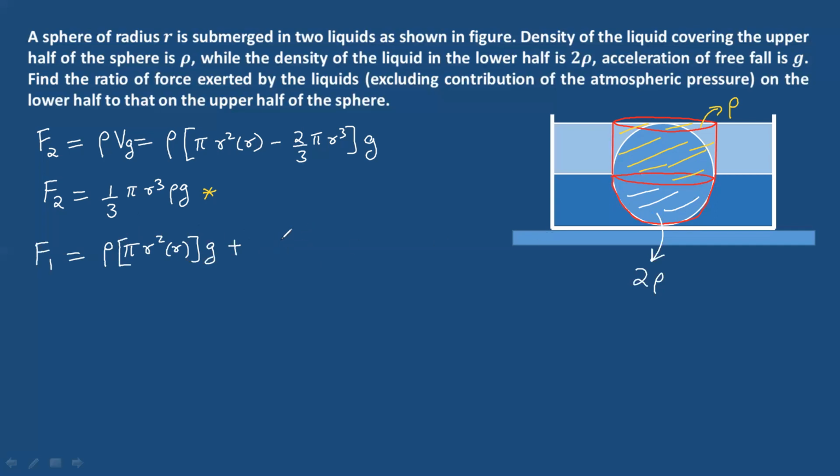I'm sorry, it's not the weight of the hemisphere. It is the weight of the liquid that has been displaced by this particular hemisphere. That's a more apt wording for this particular situation.